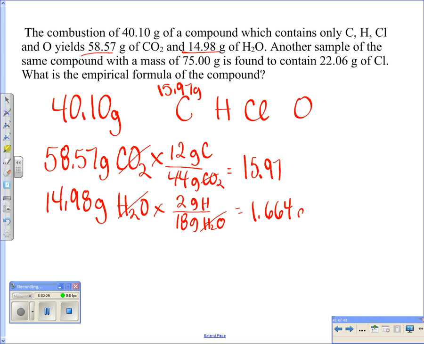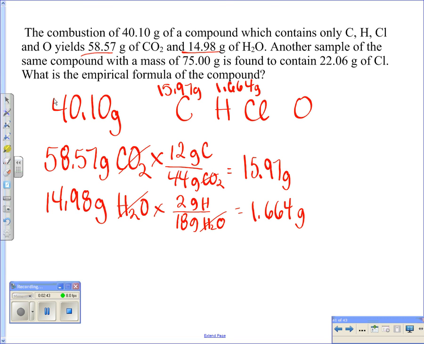Really don't worry about the significant digits because I know when I'm all done, I'm going to end up with a whole number for my empirical formula. So it's a good idea not to round too much because then your ratios may come off wrong.